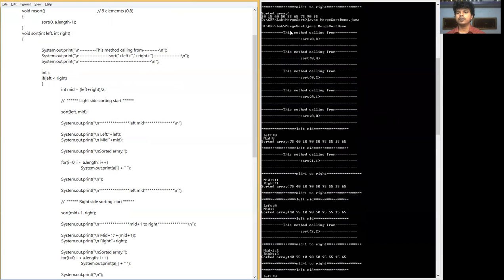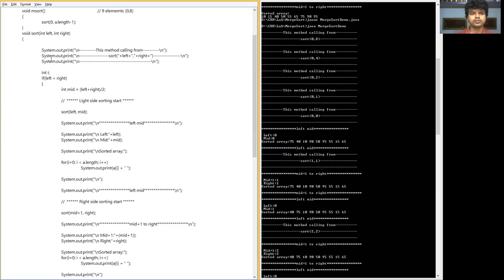This method is initially called from sort 0, 8. This MS sort calls the sort method of index 0, length minus 1, which is 9 minus 1, 8. So in this way, sort 0, 8 is going to be called.